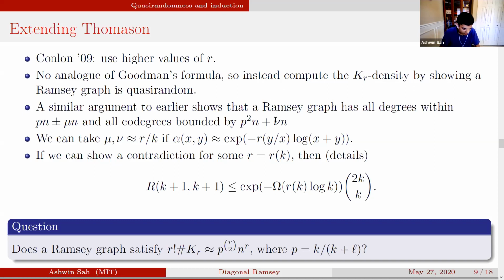One reasoning and justification for that is that in this regime, we care about counting cliques where R is going to be growing with K, and growing compared to potentially the quality of our quasi-randomness. So this is why I'm calling this an effective quasi-randomness framework, because we really do care about the dependencies here.